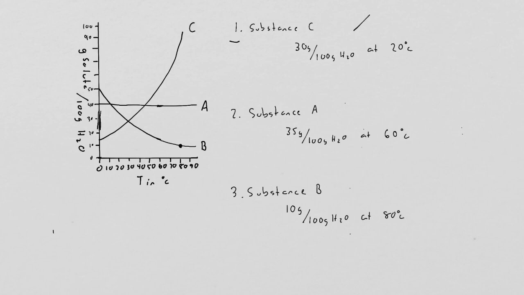So for substance C, let's say we have 30 grams in 100 grams of water at 20 degrees Celsius. So here we go, 20 degrees Celsius. We go up to 30, which is right about here. Okay? And so we have 30 grams per 100 grams of water, which normally substance C could only hold about 21 or 22. That was like the example on the previous page, wasn't it?